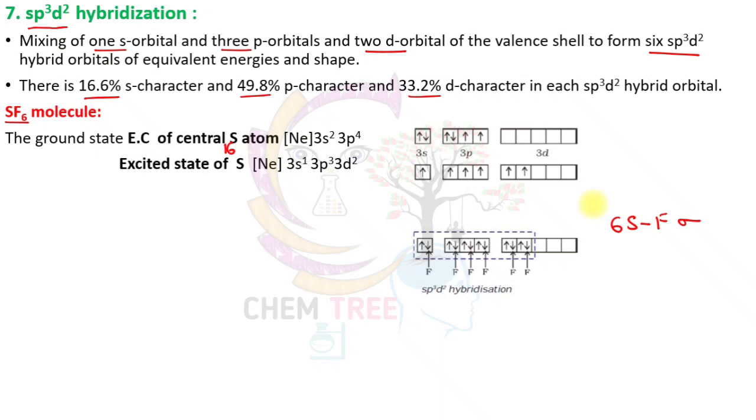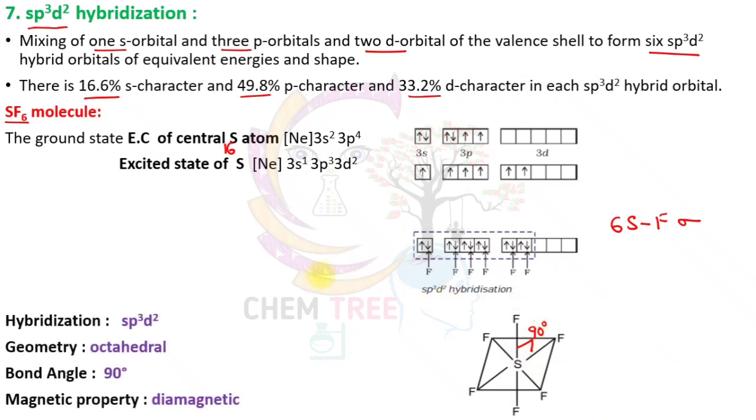This has octahedral geometry with bond angle 90 degrees, and the magnetic property is diamagnetic. In the SF6 molecule, the hybridization is sp3d2, the geometry is octahedral, the bond angle is 90 degrees, and the magnetic property is diamagnetic.